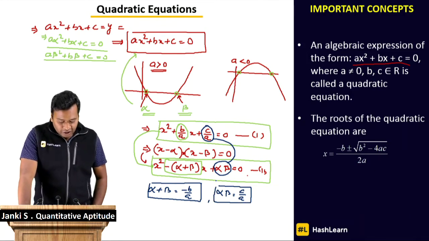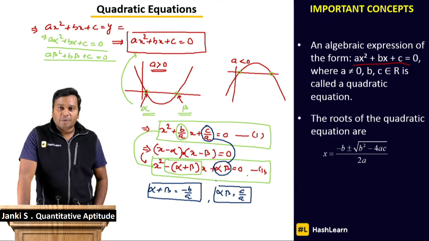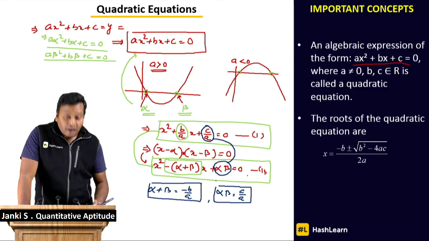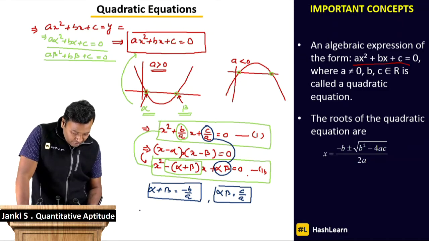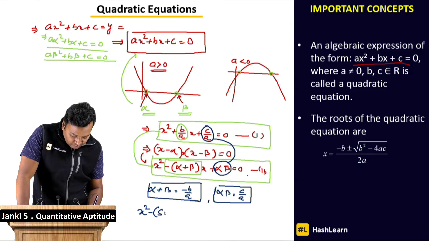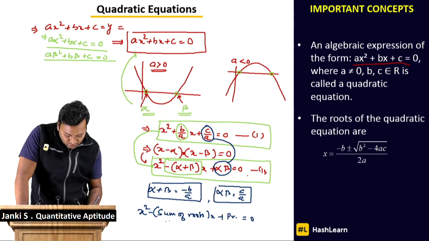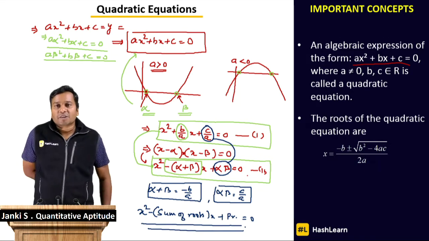So that's our first condition here. If I'm talking about the quadratic equation, a quadratic equation is always in terms of x square minus my summation of roots into x plus the product of the roots should be equal to 0. That's the basic representation of a quadratic equation, right?